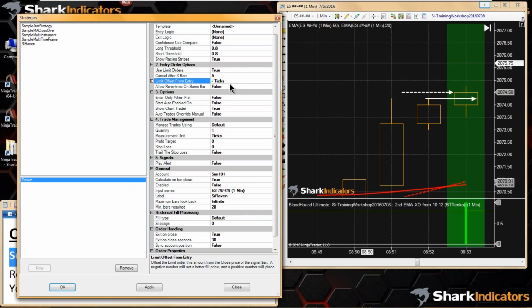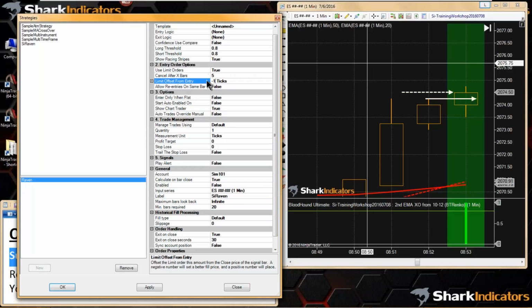If we use this limit offset, if we use a negative 1 tick, then if this is a long trade, that's going to place our limit order 1 tick below the closing price of the bar. So this 1 tick offset is always based on the close price of the signal bar.